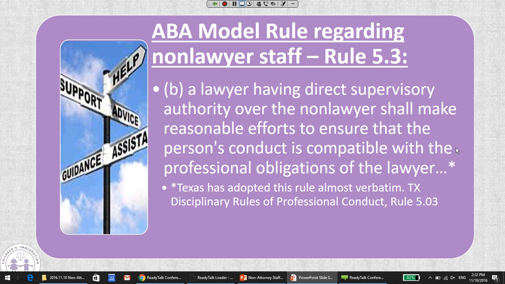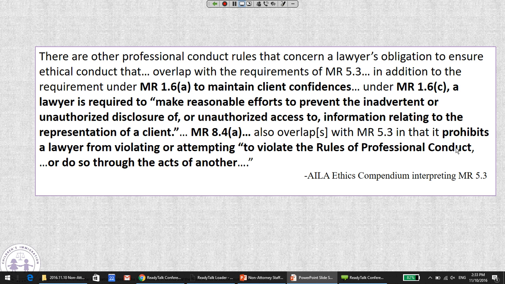So the emphasis, the main professional obligation that comes up over and over is confidentiality. Confidentiality applies to the whole legal team, and it's really underscored throughout several different ethical rules.